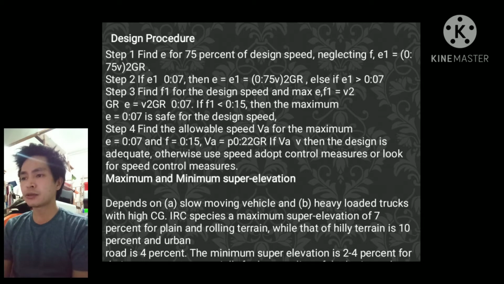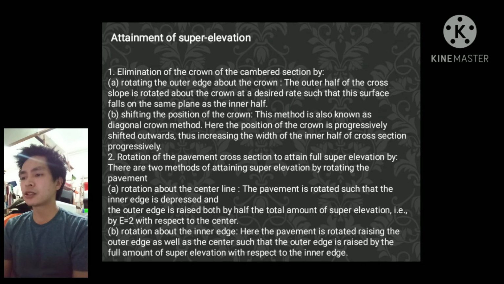The minimum super elevation is 2 to 4% for drainage purposes, especially for large radius of the horizontal curves.